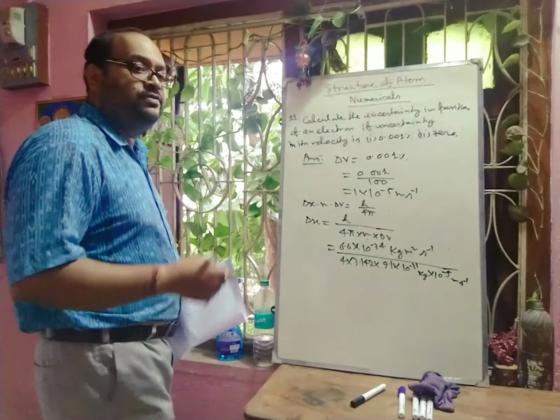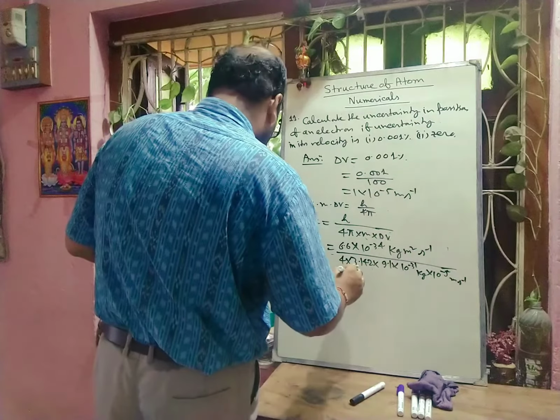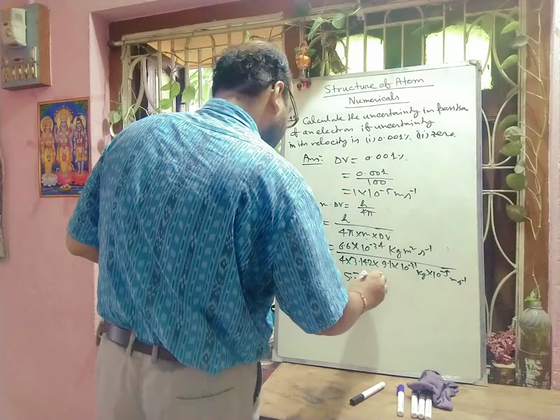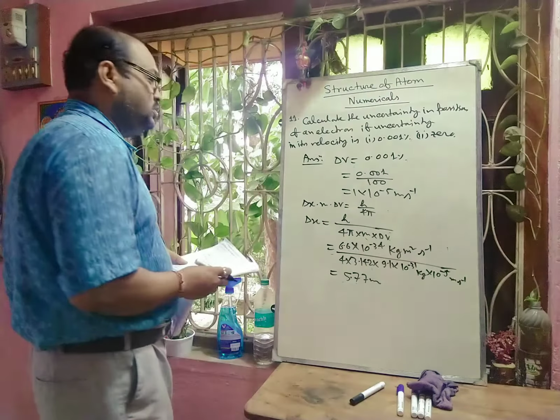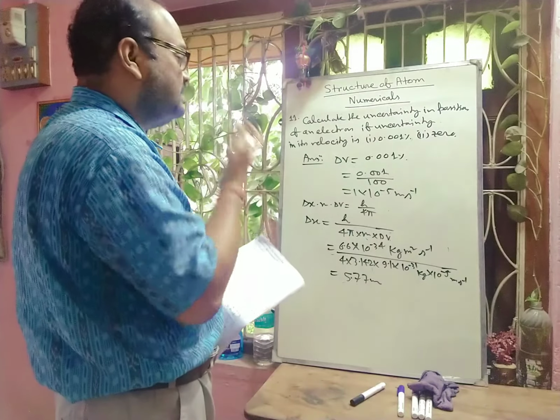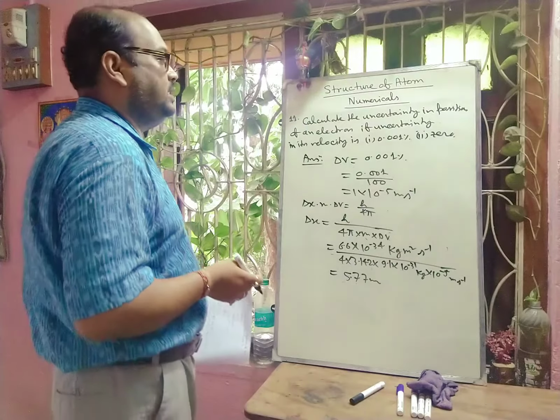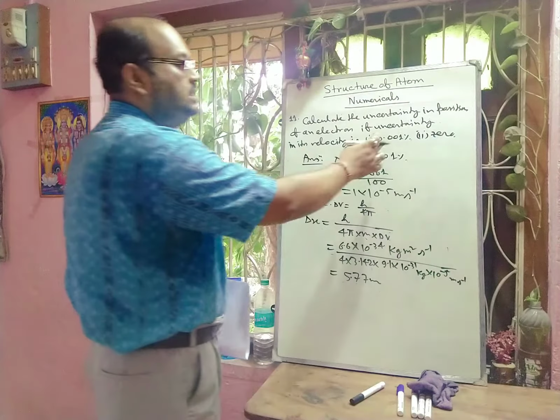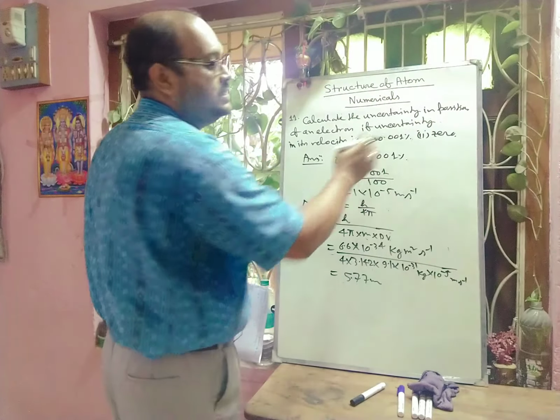Okay, so if you calculate, you will get the value 5.77 meter. So this is the uncertainty in the position when uncertainty in velocity is 0.001%.